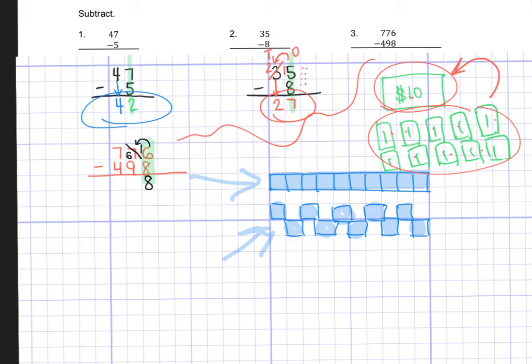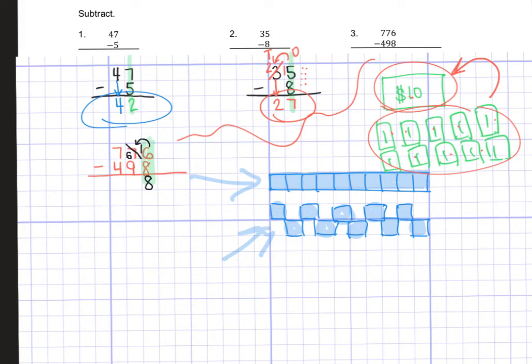Now I'm in the same problem, because now my second kid comes up to me and says, Mommy, I want something. I need $9. Well, I only have $6. So now 6 minus 9, I can't do it. So now I say to my husband, I don't have money. Can I go to your bank?